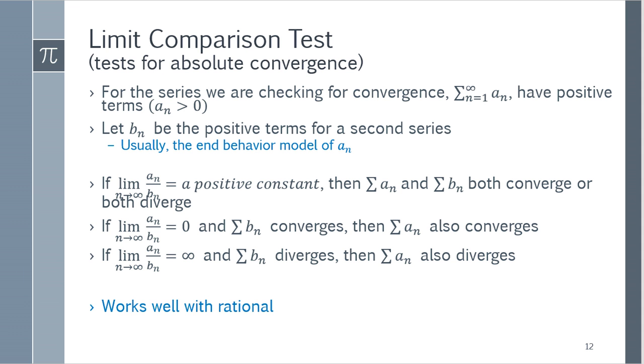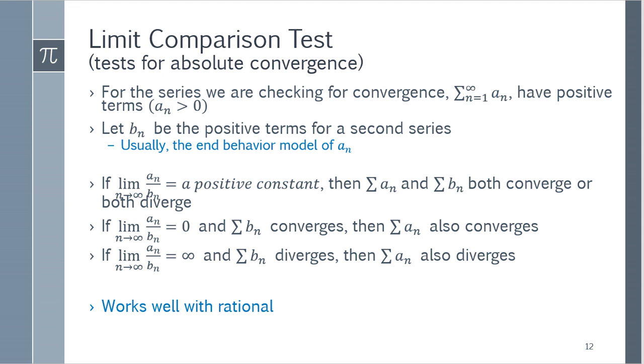If I do the limit as n goes to infinity of that, comparing original to comparison series, and I get a positive constant, then either they both converge or they both diverge. If I get 0 for that limit and the comparison series converges, then the original must also converge. And if I get infinity, if the comparison series diverges, then the original also diverges.